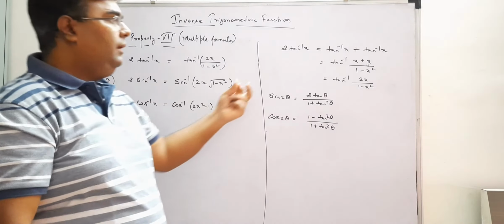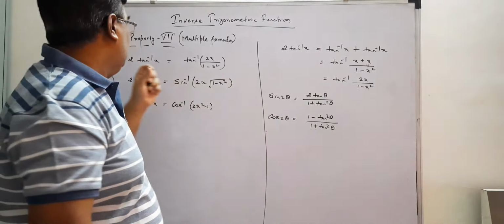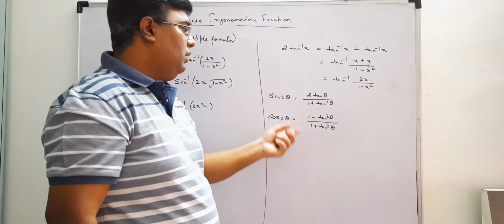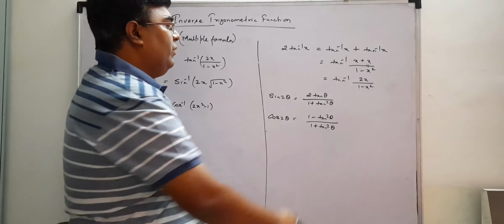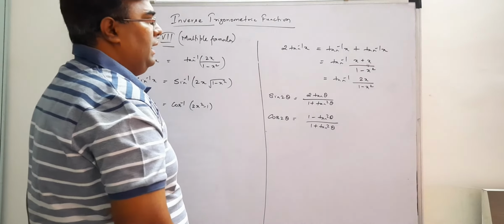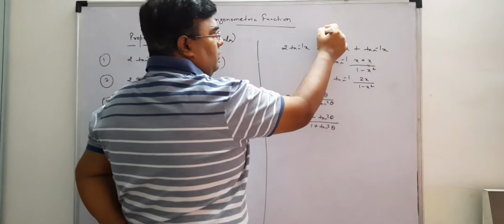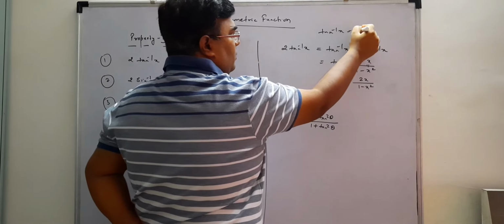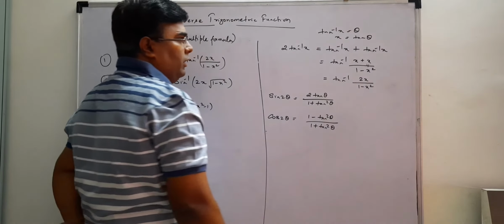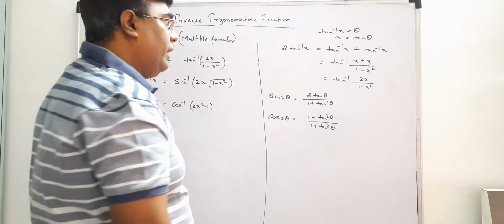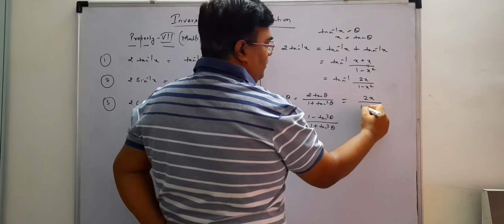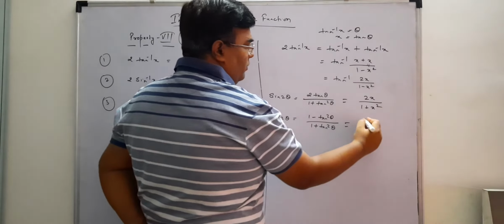From the tan inverse x formula, this 2 tan inverse x, we can get the value of sine and cos in this way also. We know that sine 2 theta is 2 tan theta upon 1 plus tan square theta. Let us say tan inverse x was theta, correct? So tan theta is my x. We can put the value, 2x upon 1 plus x square, like this here also.